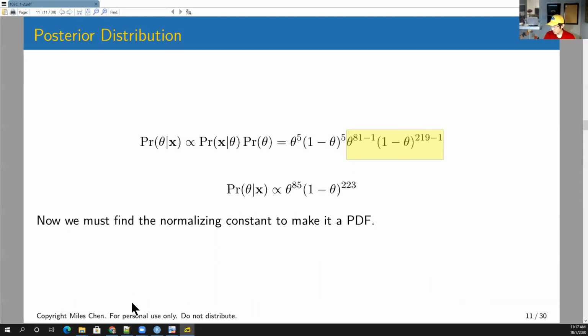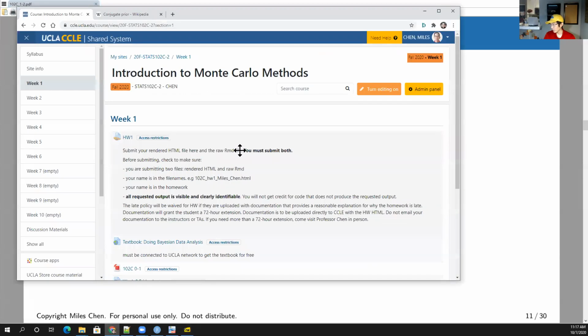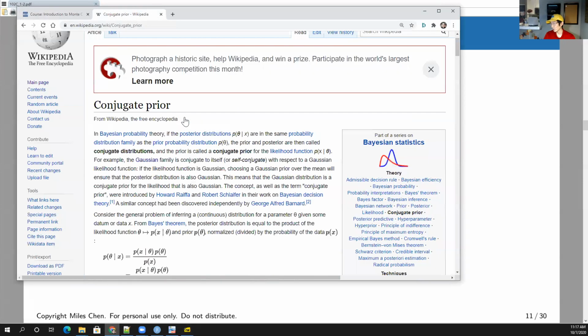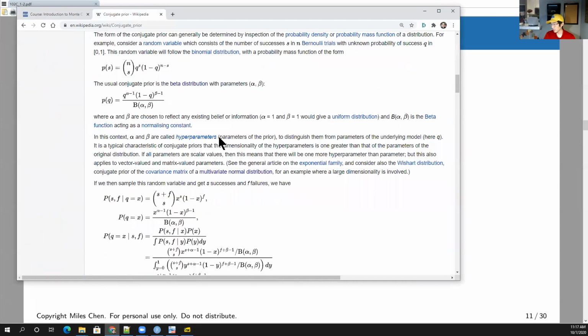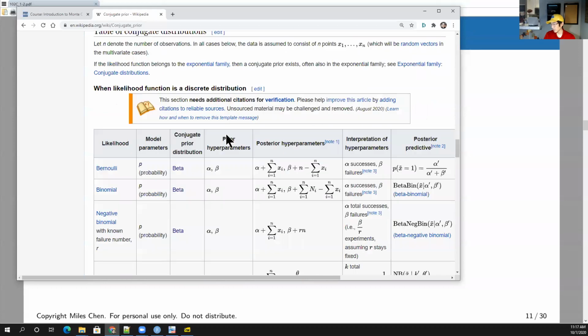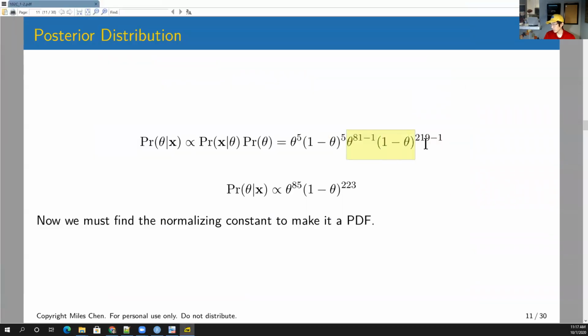Maybe I'll throw in a slide with a link to Wikipedia, but basically the conjugate prior is a probability distribution function, a PDF, that multiplies nicely with the likelihood function.